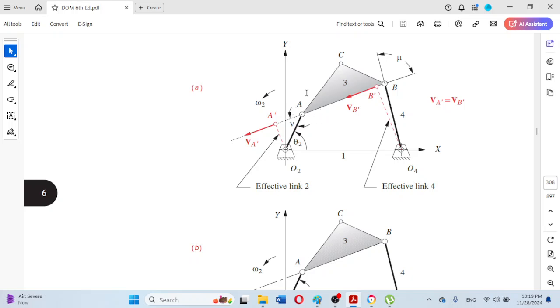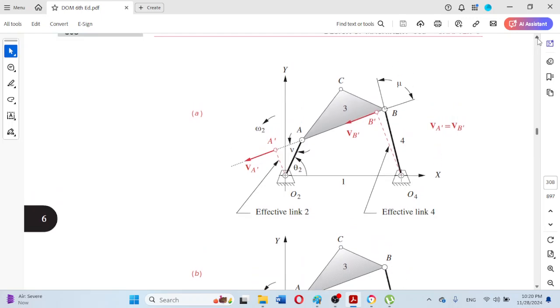The angle obtained after subtracting from 180 degrees will be less than 90 degrees, and that will be called V. So we always take V less than 90 degrees, meaning an acute angle.